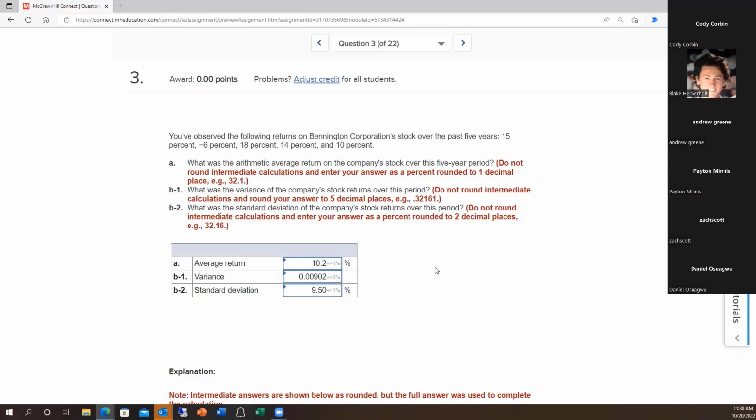It's easy enough to convert, but variance always looks funky with percentages. You'd have to divide by 10,000 to get the number correct, because 100 times 100 is 10,000. But make your life easy. Don't do that.